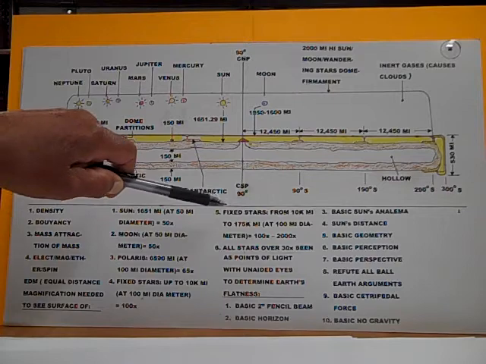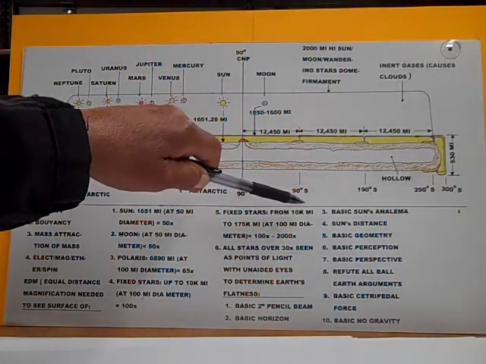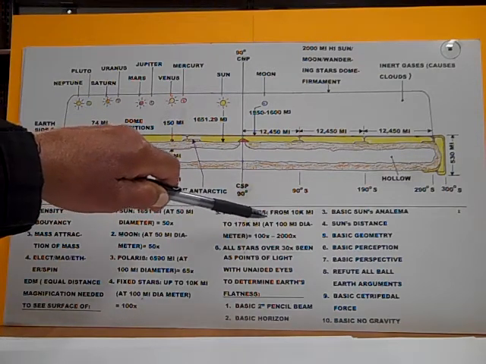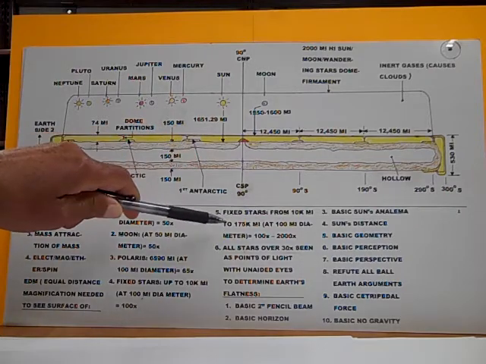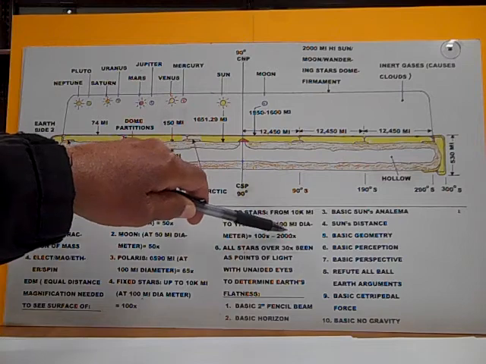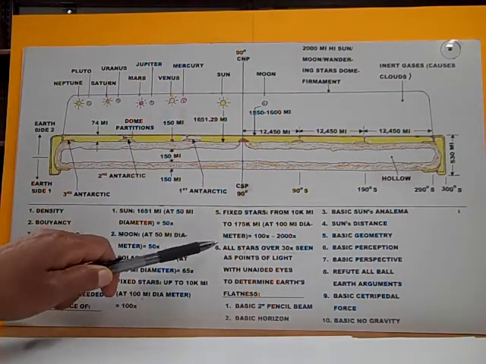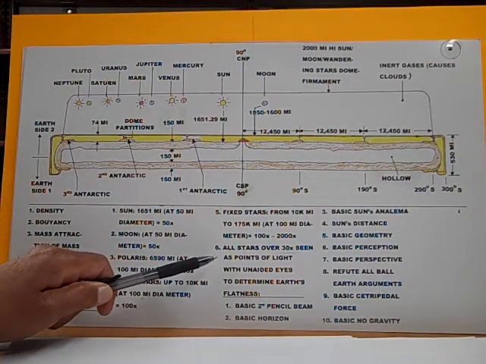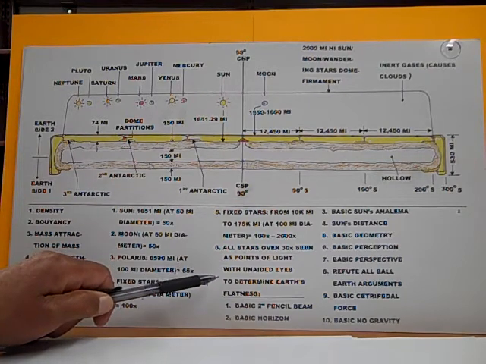Number 5 is the fixed stars from 10,000 miles to 175,000 miles away, each one of them given a 100-mile diameter average, would equal 100x magnification to 2,000x magnification to see their surfaces. Number 6, all stars over 30x to 50x are seen as points of light with your unaided eyes.